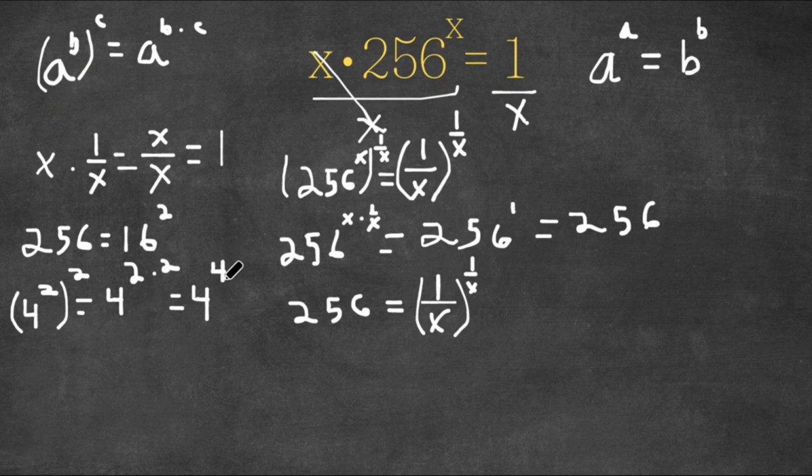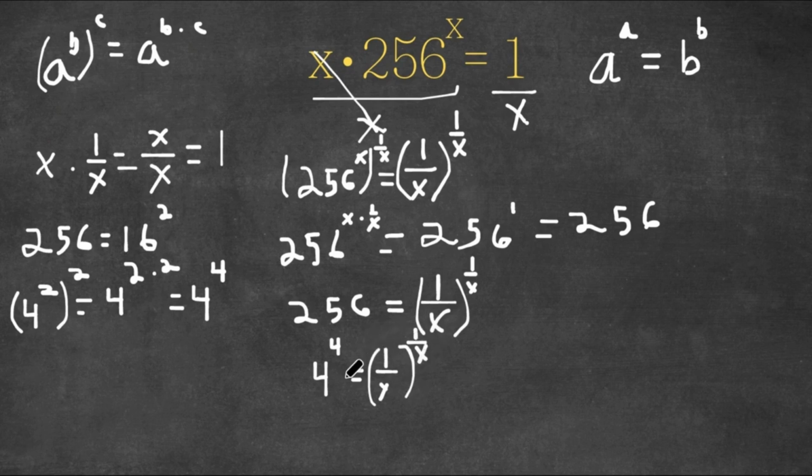And as you can see, now this is in the form a to the power of a. So we're going to replace 256 with 4 to the power of 4. And this is still equal to 1 over x to the power of 1 over x.